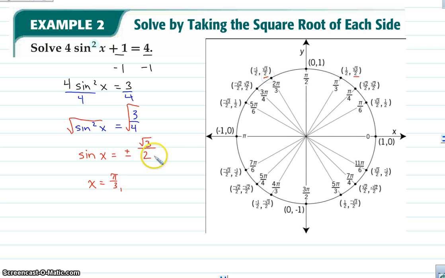At 2 pi over 3. Negative square root of 3 over 2 occurs at 4 pi over 3. And negative square root of 3 over 2 occurs again at 5 pi over 3. Okay. So you'll just list all solutions and you're done.